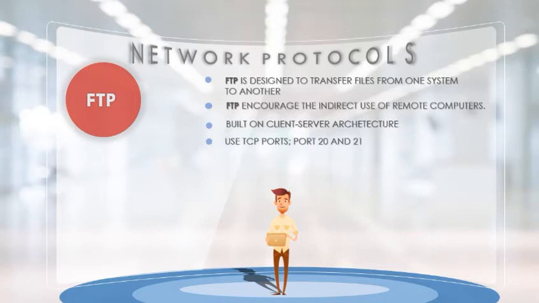FTP uses the TCP/IP protocols to enable data transfer. So FTP works along with the TCP and IP protocols. FTP uses two well-known TCP ports, port 20 and port 21. Port 20 is used for the data connection and port 21 is used for the control connection.